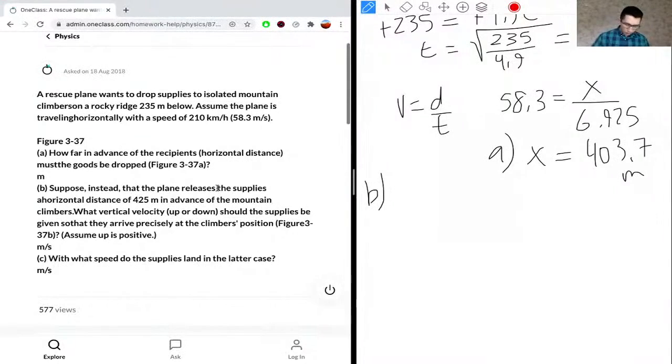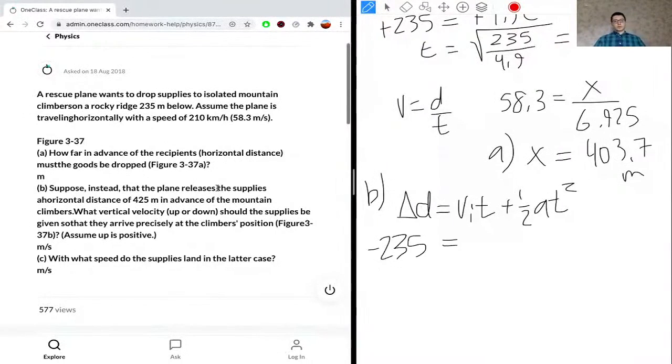We're going to use the same kinematic equation. So delta D is VI times T plus a half AT squared. We know delta D from before is 235. VI in this scenario is the unknown, so it's not 0 anymore. We're trying to solve for VI.